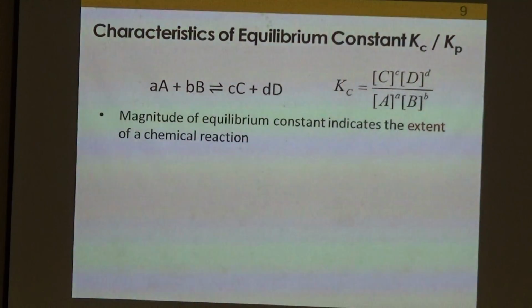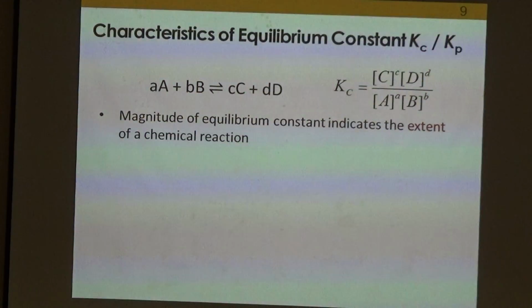More of the C and D, right? If it's smaller than 1, you should have more of the A and B. Sometimes when you look at a question, they may ask you what it means when you have a particular value.